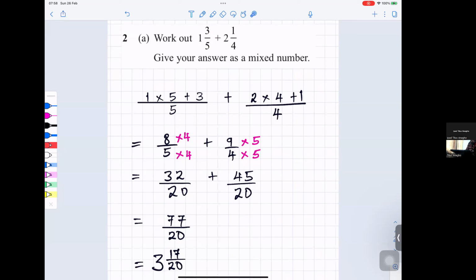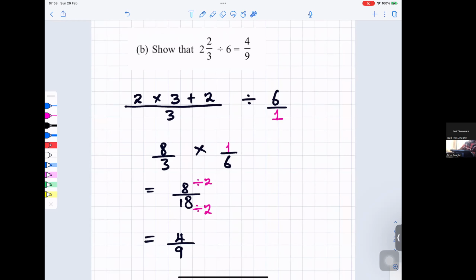And you want to make the denominators the same. 5 times 4 is 20. 8 times 4, 32. 4 times 5, 20. 9 times 5, 45. 32 plus 45 gives you 77 over 20, which you can change now to the mixed number, 3 and 17 over 20.